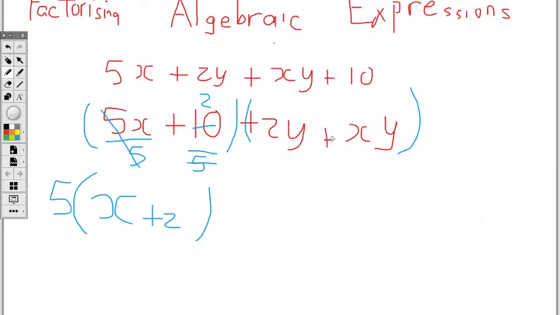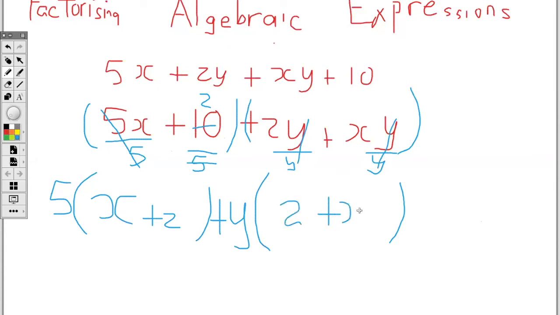Looking at the second bracket, if you realize y can be factored out, that's the highest common factor. So factoring out positive y, then we can divide the third term and the fourth term by y. So these cancel, and I'm left with 2 plus x.